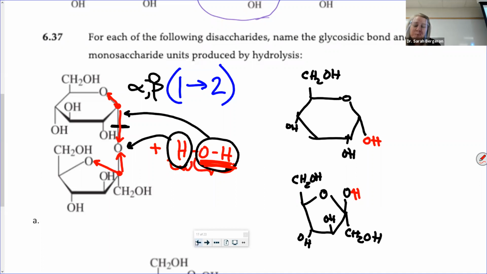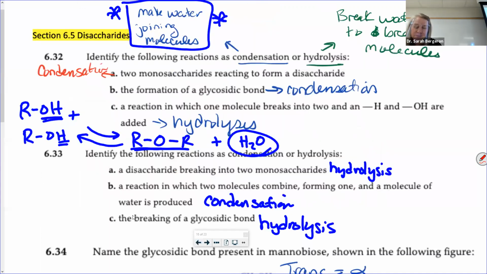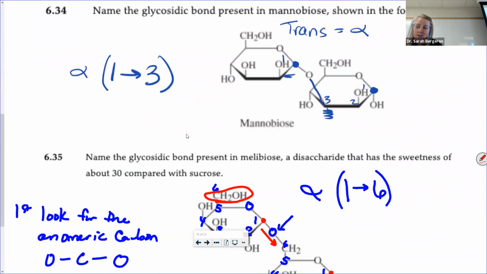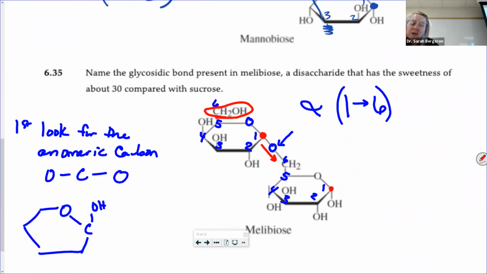So if we go back to our previous one that we did, here's our 1 anomeric carbon because it's participating in a bond with 2 oxygens. Over here, I'm only participating in 1 oxygen bond. So I don't have to name it because it's not actually participating. Does that make sense, Jordan?